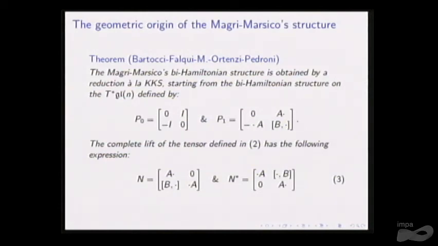Let's look at N. You see that N is somehow diagonal, and on the diagonal you have the first entry of the pair A and B. So this element A is the element that, after conjugation, goes to the Lax matrix. So in some sense, the spectral properties of N double the spectral properties of L.